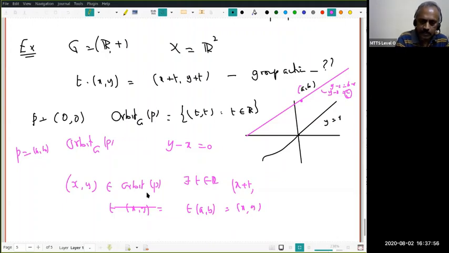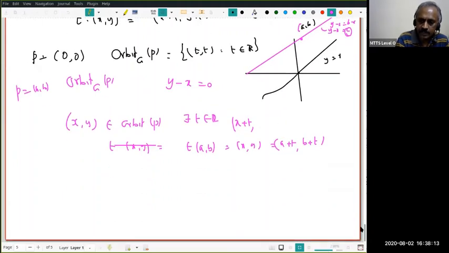When does (x, y) belong to the orbit? There is an element t which takes (a, b) to (x, y). Where does t take (a, b)? It takes it to (a plus t, b plus t). Therefore, what do I want? I want (x, y) must be equal to (a plus t, b plus t). What is unknown here? The group element t. So how do I find the t?